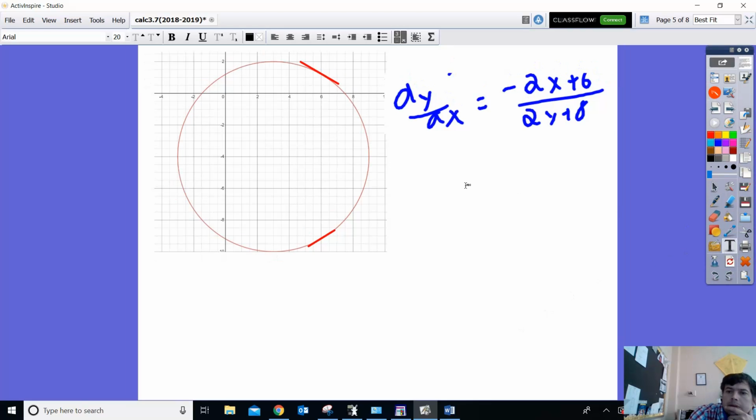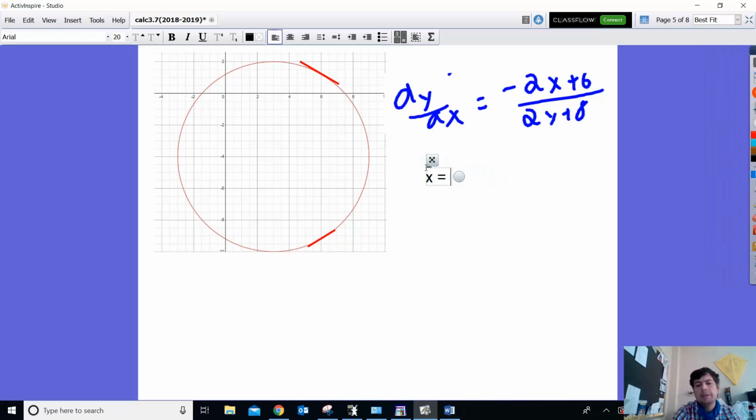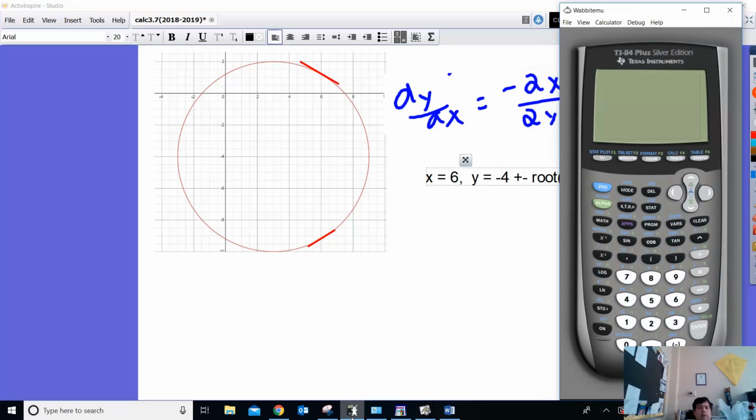Let's see here. That x was 6 and y was negative 4 plus or minus root 27. I'm going to be a little lazy on my TI-84 here. I'm going to take a 6 and store it to x.